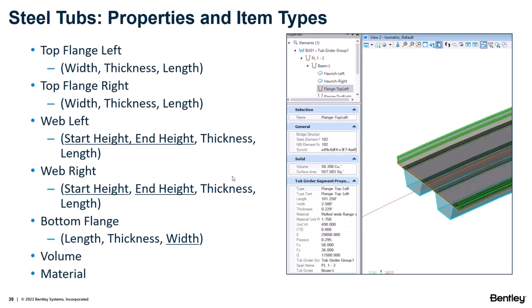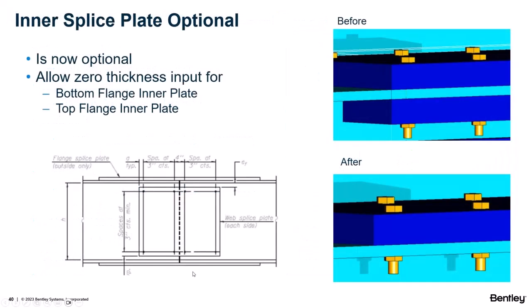That's one of the enhancements that we have done for the steel tops. Now we also have more options for steel beams, so inner splice plates can be placed as well now. It's just a matter of selecting this in the dialog box.